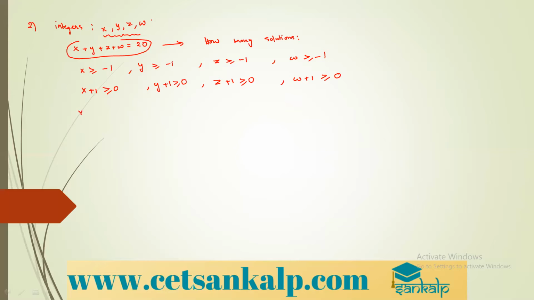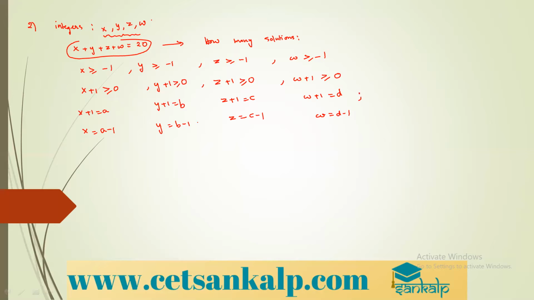And then we will take x plus 1 as A, y plus 1 as B, z plus 1 as C, w plus 1 as D. So that you can write x as A minus 1, y as B minus 1, z as C minus 1, w as D minus 1.